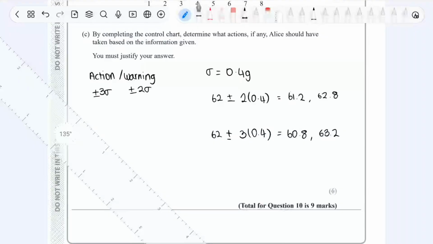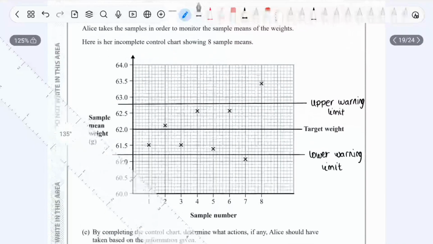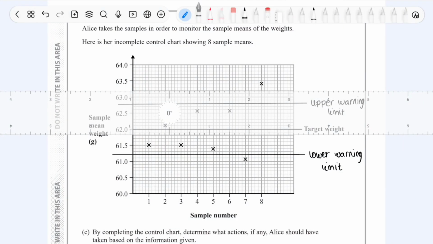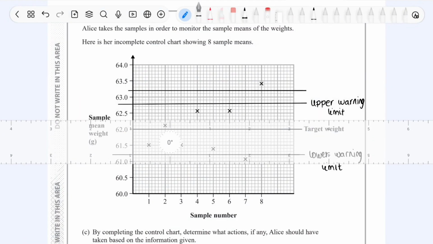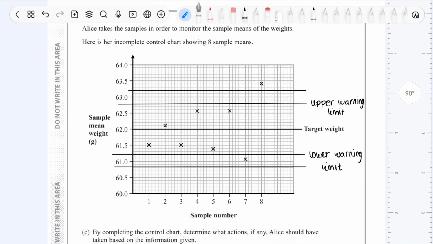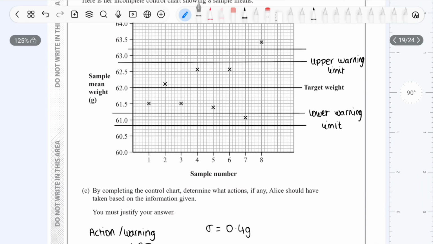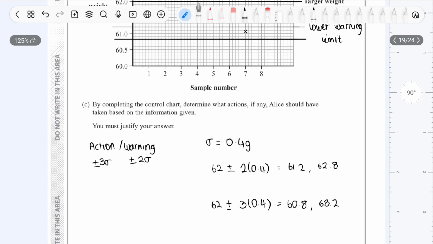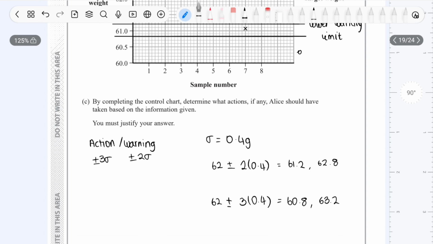So now we need to plot those lines, 60.8 and 63.2. And now we need to label these ones, and this will be our upper action limit and the lower action limit.